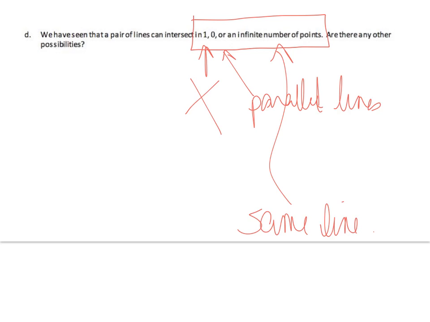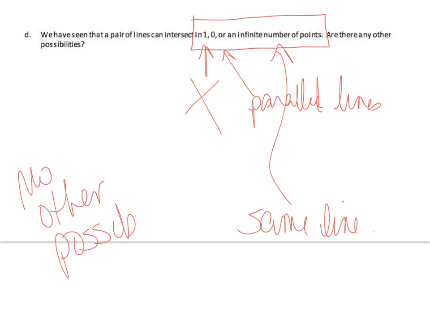There are no other possibilities. 1, 0, or an infinite number of points is the only answer for 2 lines. As we get into other shapes, we'll see other answers, but for a pair of lines, we only have 1, 0, or infinite number of possibilities.